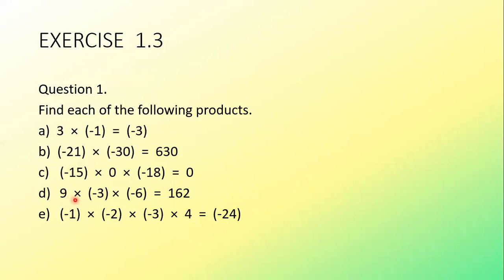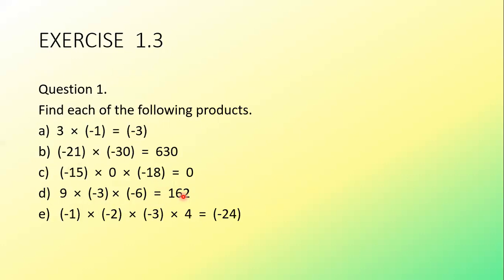Next question. 9 into minus 3 into minus 6. First multiply 9 into 3. 9 threes are 27. Now 27 into 6 will give the answer 162. Here, if you want, you can show that multiplication step, or you can do it directly. Or you can multiply 6 into 3 into 9.